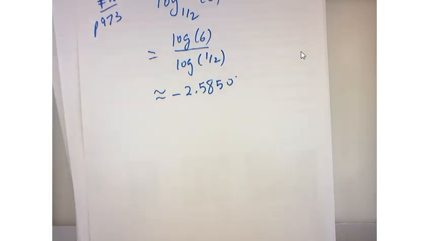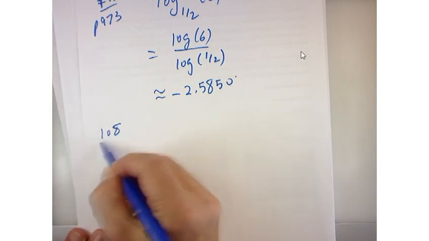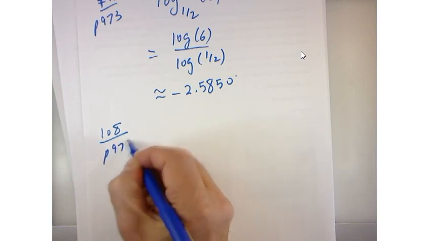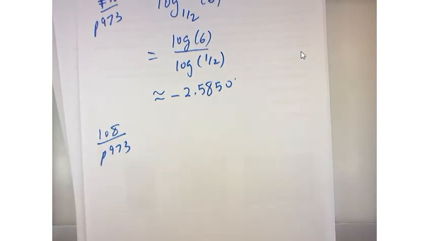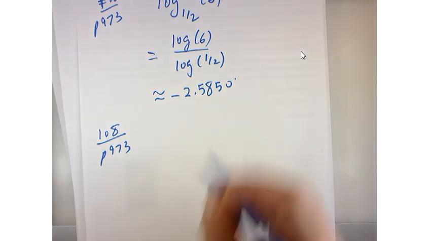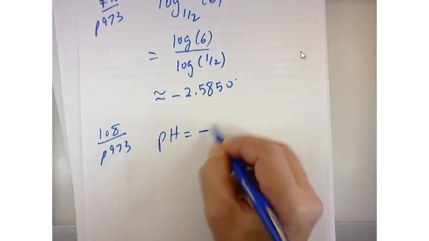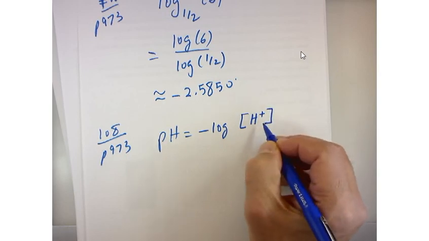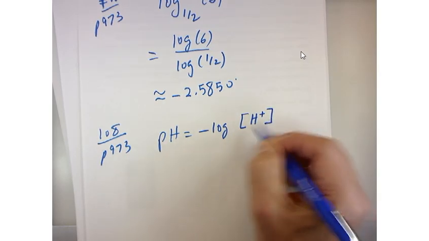Now if you look at 108, page 973, it says find the pH of pickles. The pH is actually negative log base 10 of the concentration of hydrogen ions in sour pickles.